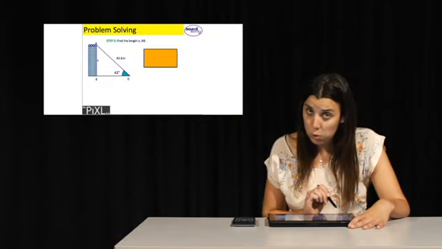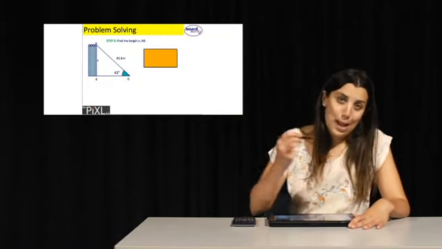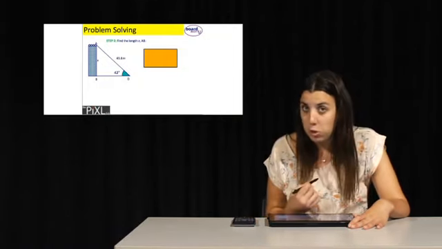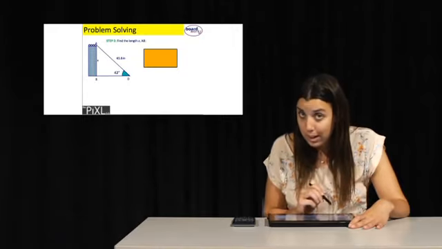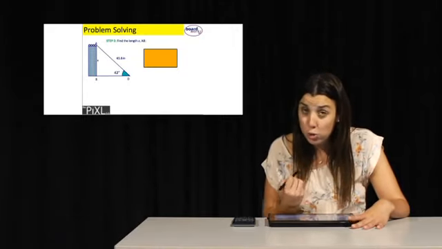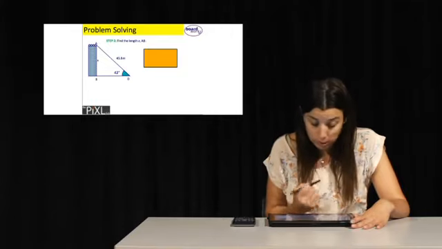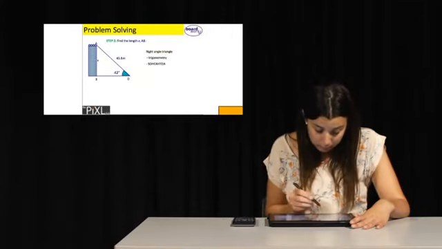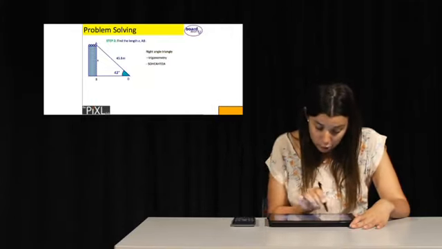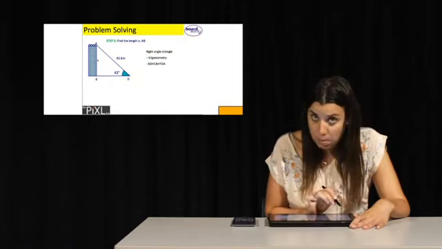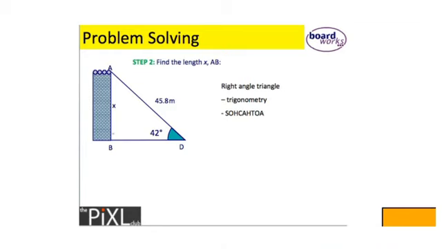This time we have a right angle triangle. Now you're going to have to take a step back and remember what you do when you've got a right angle triangle. In this question we have to apply trigonometry, but right angle trigonometry, the one where we use SOHCAHTOA. So in this case we're going to have our triangle and we're going to have to label up the triangle. So we have our right angle, opposite, hypotenuse. We then have our angle of 42.